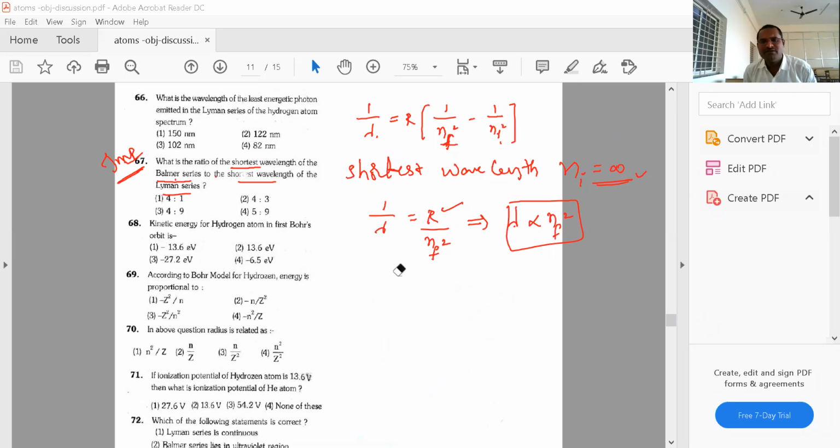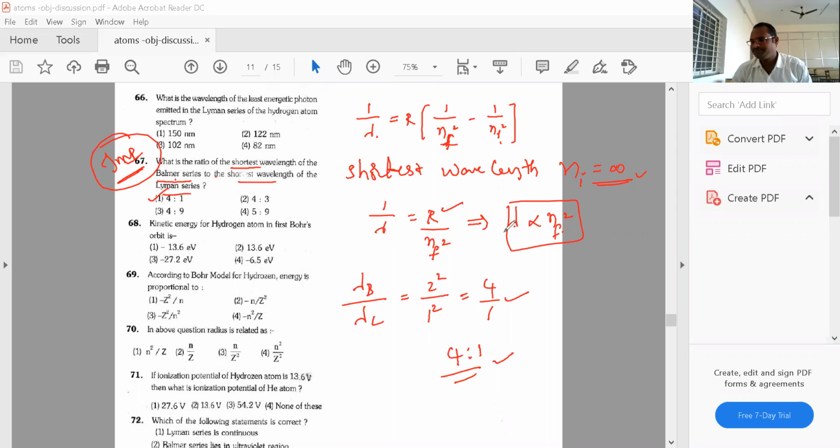I want lambda of Balmer to lambda of Lyman: Balmer series n equal to 2, so 2 square, by Lyman series n equal to 1, so 1 square. 2 square is 4, so 4 by 1. The ratio is 4:1. The first option is correct. Got it, students? This type of question is asked regularly.